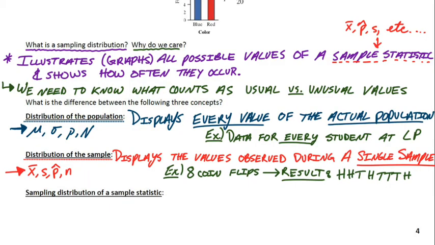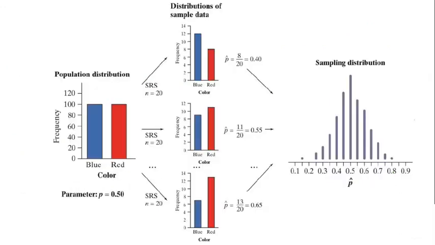So far we've got distribution of the population and distribution of the sample. And if we think back to our diagram here, that's exactly what these two would be. Here's our population distribution, so that's all the red chips, there was 100, and all the blue chips, there was 100. And then distribution of the sample would be just one kid's individual sample. And then that was repeated many, many times.